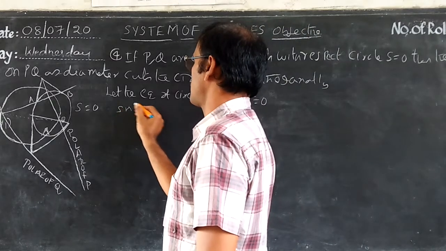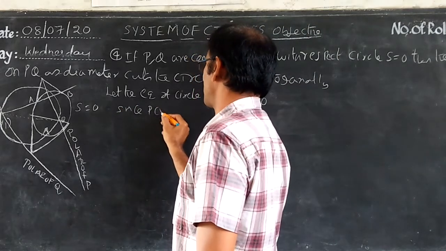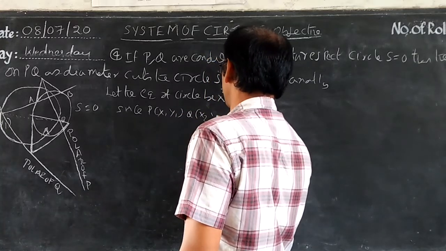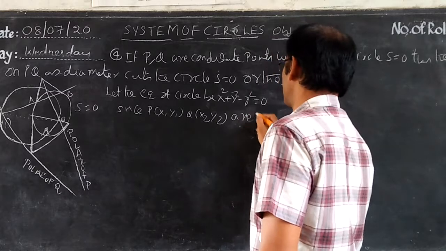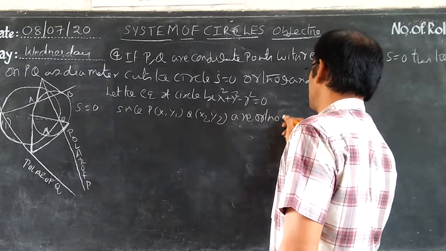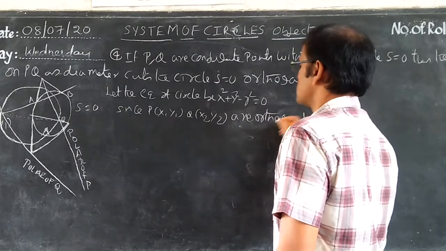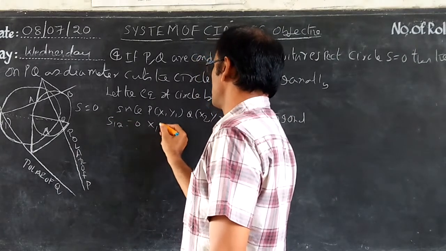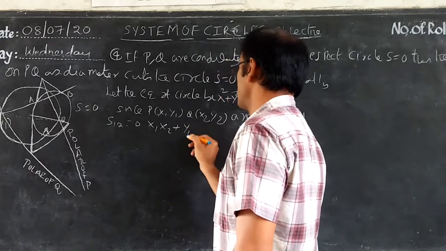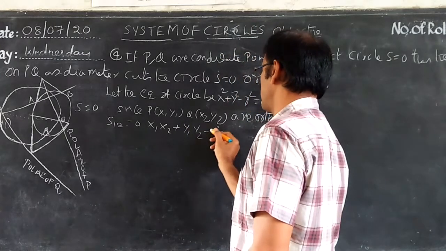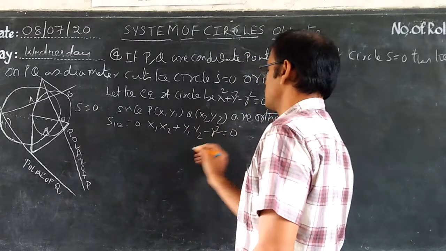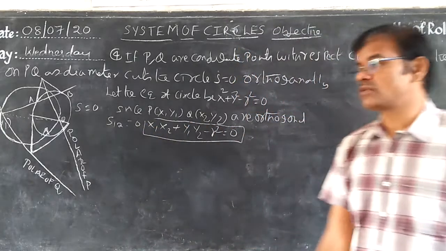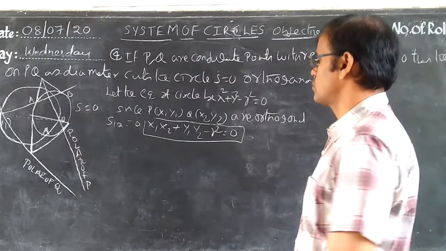Since P(x1, y1) and Q(x2, y2) are conjugate points, whenever two circles are orthogonal the condition is S12 equal to 0. The notation of S12 here is x1 x2 plus y1 y2 minus r square equal to 0.